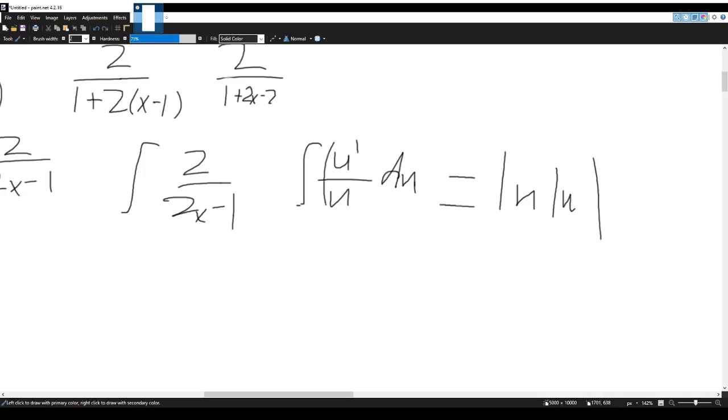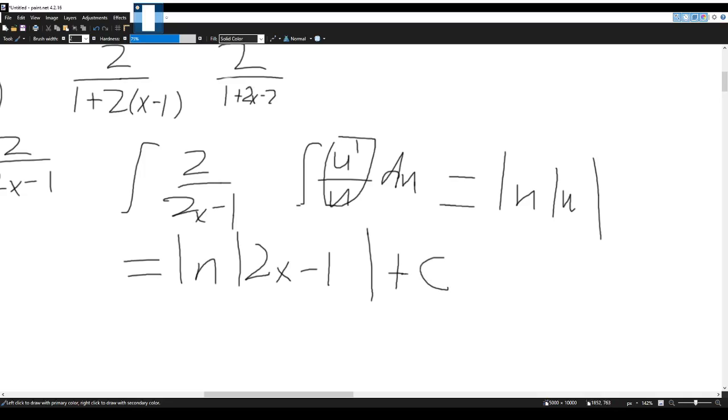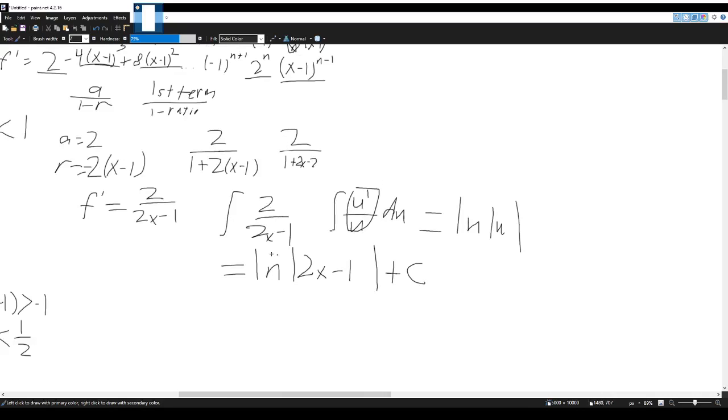So basically, we have this kind of setup here, which means we can just convert it to this. So this equals natural log of 2x minus 1, and then we have to find c, because we have to do plus c, of course. I'm sure almost every calculus student has missed a point on a test for forgetting the plus c.